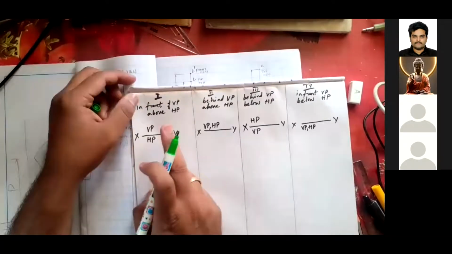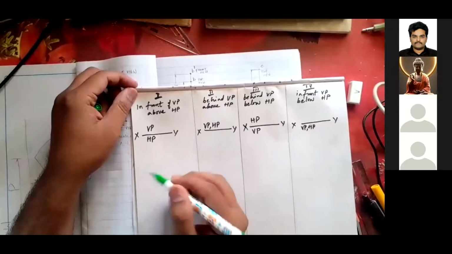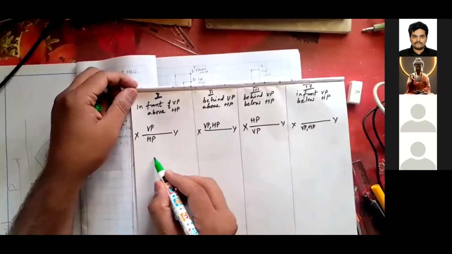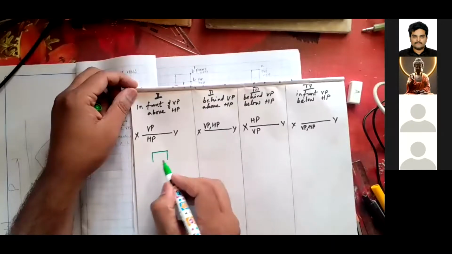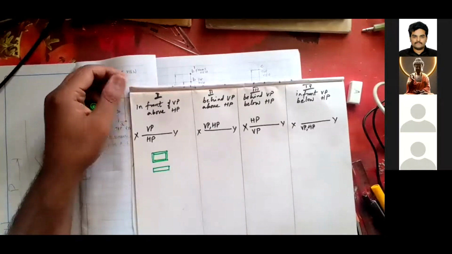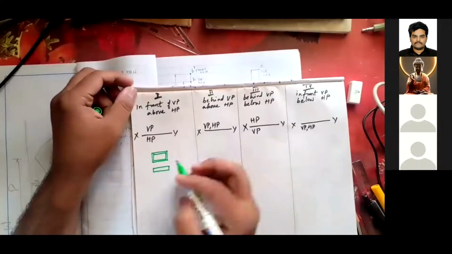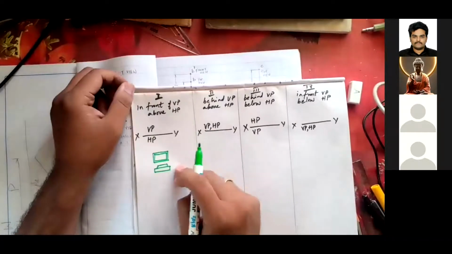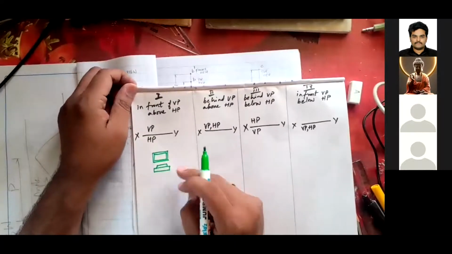I'll just draw the front view and top view of a television set. I hope you can understand. In the first quadrant, if you keep the object in the first quadrant, this will be the answer.